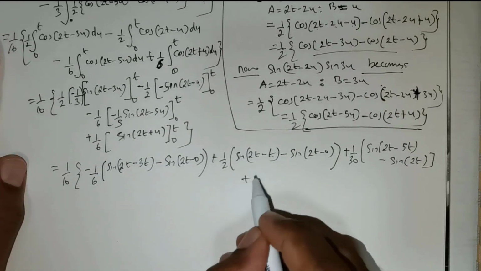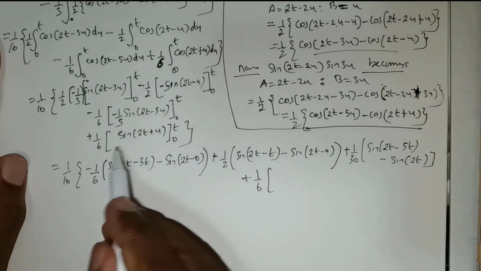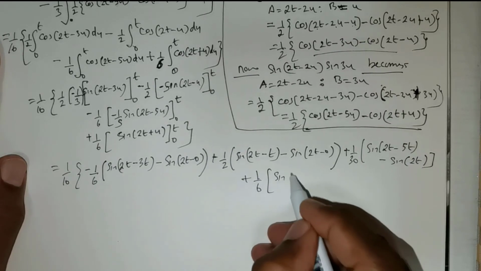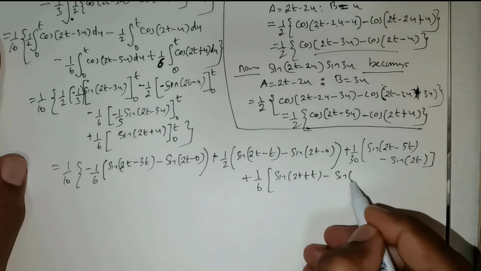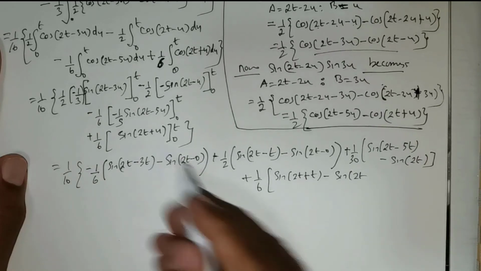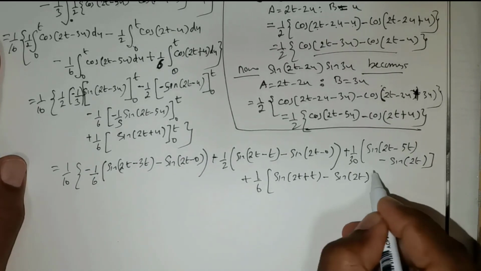So followed by positive 1 over 6 times, substitute the upper quantity, sine of 2t plus t minus sine of 2t plus 0. So that's what I'm getting.